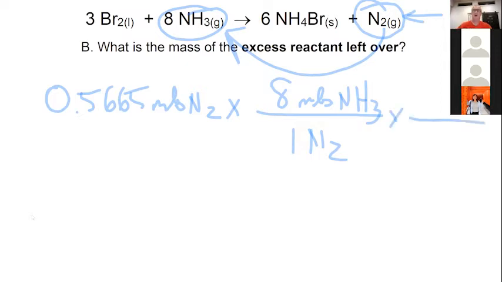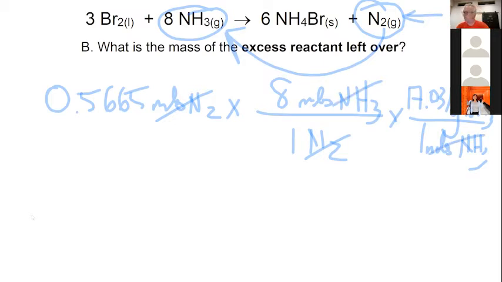Then I want grams of ammonia, so here I use my molar mass. The molar mass of ammonia was 17.031 for every 1 mole of ammonia. So moles of N2, moles of ammonia, I'm left with grams of ammonia. So how many grams of ammonia is that?